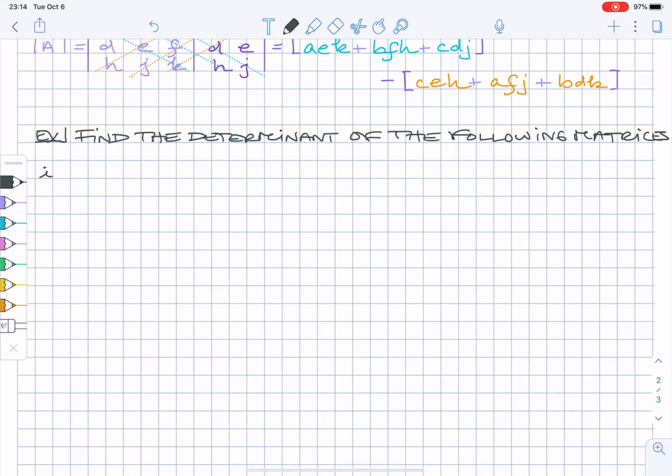Okay, so number 1, let's say we have that A is equal to the 3 by 3 matrix. Let's do 1, 0, 0, then 4, 2, 0, and then 6, 5, 3.